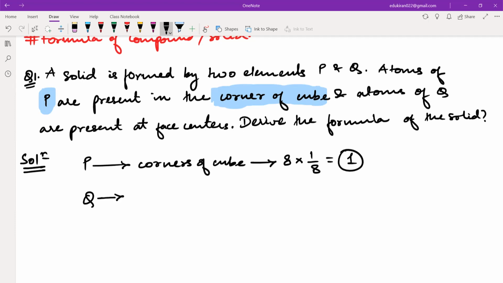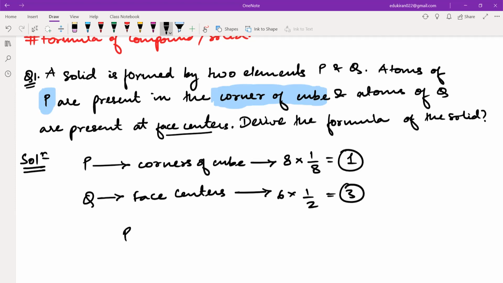And what should I write here? Tell me. What is the information given? It is present at the face centers, so it will be 1 by 2. Total 6 faces, so 6 into 1 by 2, which will be equal to 3. And you will circle this.